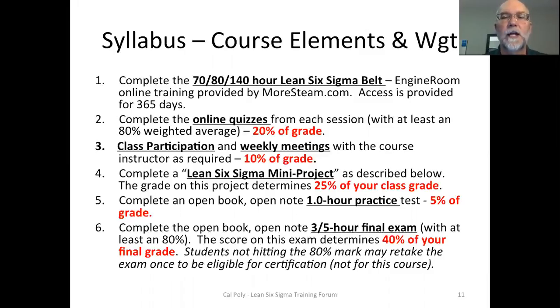For the transactional green belt, the 3-hour test is bundled with the project and the 120 hours worth of training. For the rest of you, for my green belts and my black belts, at the end of the course, you'll have to do the practice test and either the 3-hour test if you're a green belt or the 5-hour final exam. That'll actually be in December for the black belt students.